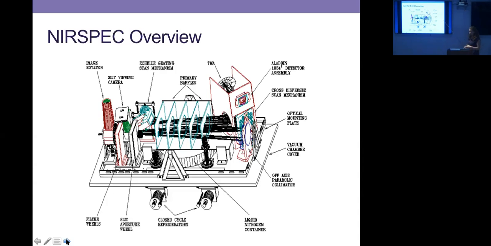As I mentioned, NIRSPEC was commissioned in 1999. What that means is that a lot of the technology that NIRSPEC uses is from the early and mid 90s. And so the goal of the NIRSPEC upgrade is to bring NIRSPEC into a more modern era. Infrared technology has advanced a lot, and so have electronics.